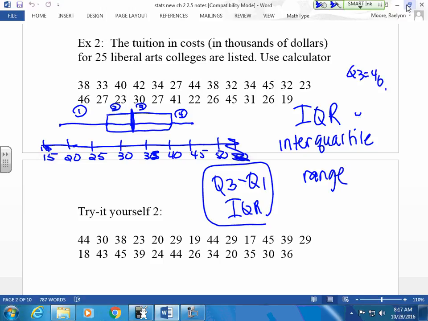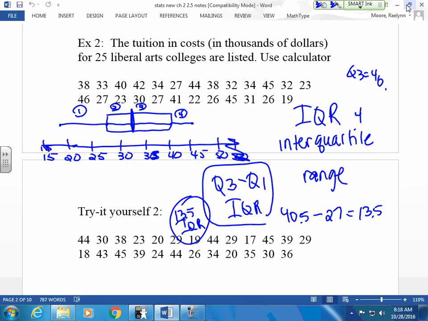Well, I told you my board is not cooperating today. Minus what's my Q1? 27? Thank you. So if we subtract this, what do you get? Ah, Chris, you're on it. Thank you.